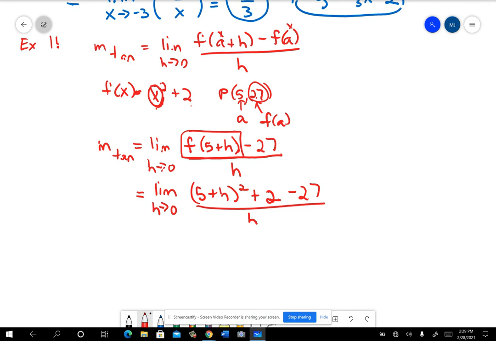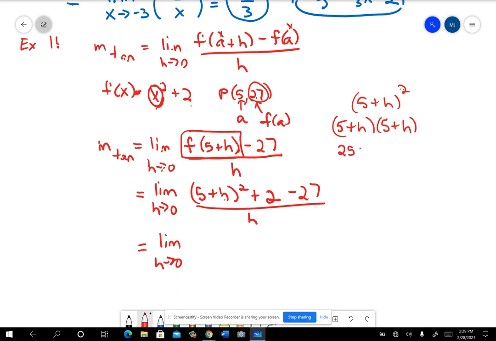Now, a lot of your work is going to be involved in simplifying expressions that look like this. So now I'm going to just work on simplifying a little bit. So 5 plus h squared, remember that's 5 plus h times 5 plus h. Don't shortcut it. Don't make the mistake of just squaring the 5 and squaring the h.